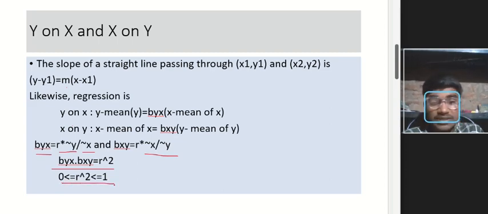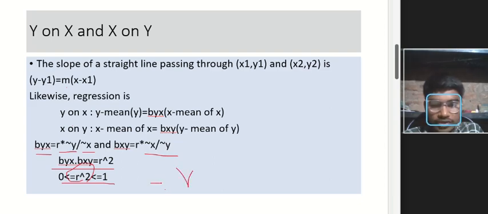We have one condition that this product should be greater than or equal to 0 and less than or equal to 1. That means this product has to be between 0 and 1, and it should not exceed the limit.